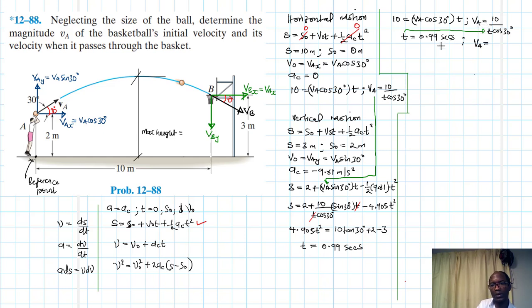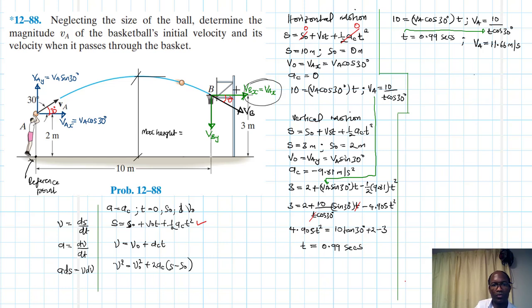This gives us 11 point something, because of rounding off, so this gives us 11.66 meters per second. Alright, we have found this value.